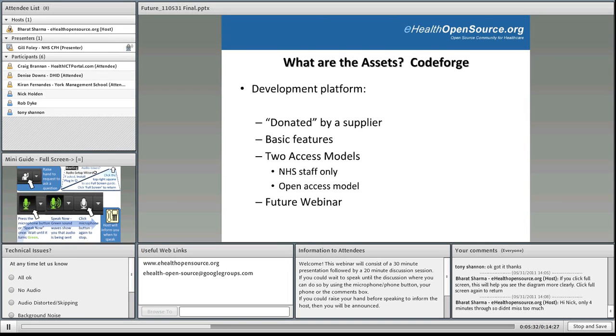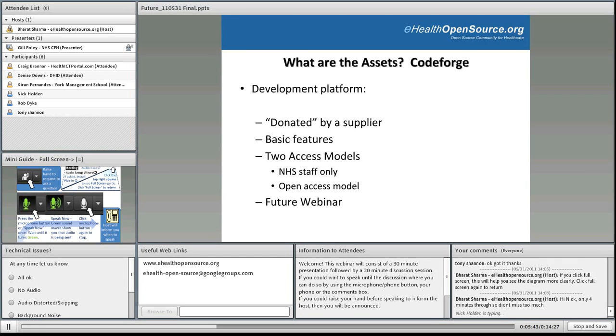The initial code forge will be fairly basic, it's very experimental to test the concept and get things out there. But we aim to have 2 access models, so that we have a secure environment for the NHS staff that are still resistant to open sourcing their products to more than just the NHS, and then there'll be the open access model.